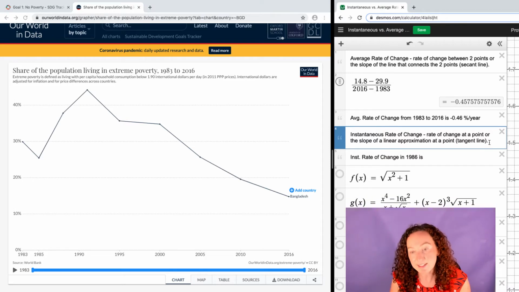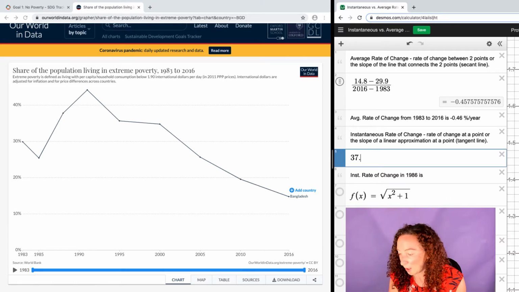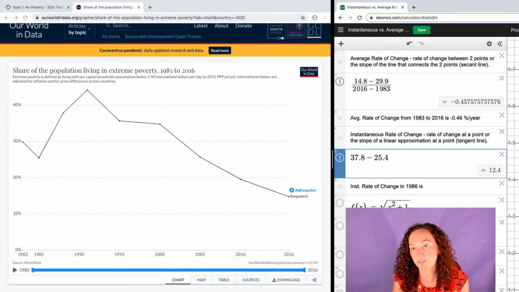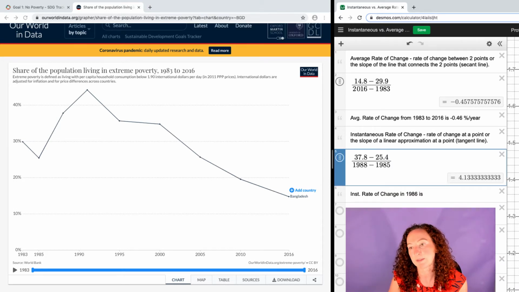So an estimate for the instantaneous rate of change uses the slope of the line between the point at 1985 and 1988. So I have 37.8% minus 25.4% divided by 1988 minus 1985. So I get 4.13.